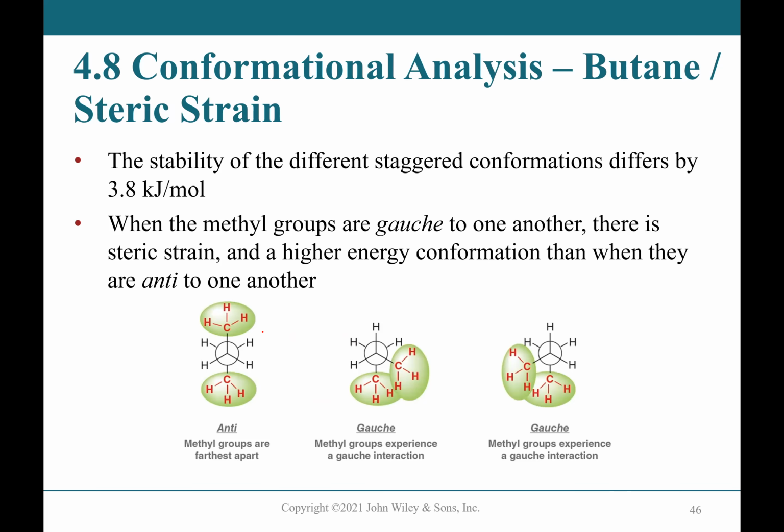And what's the difference between this conformation and this one? 3.8 kilojoules per mole for butane. So the anti position will be 3.8 kilojoules per mole lower, so it's more stable.